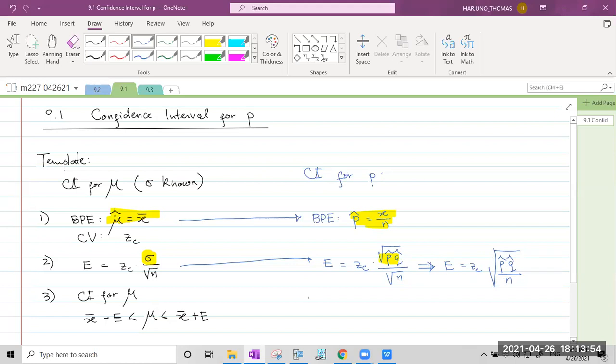Now what happens with the confidence interval? Let me use black color for the ones that don't change: best point estimate, margin of error equals critical value. The one change, I write in blue.